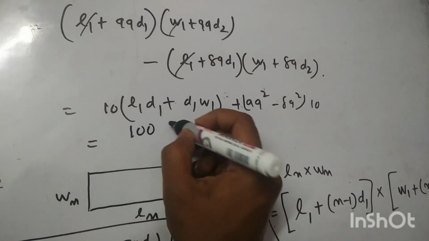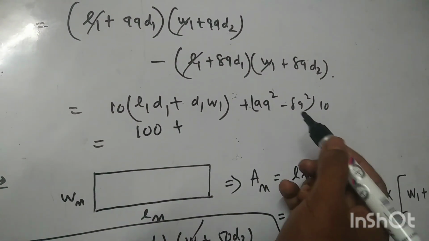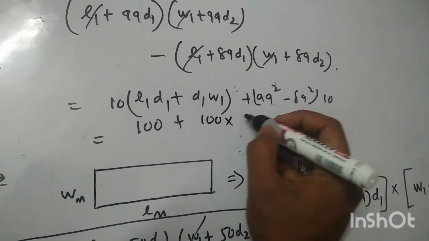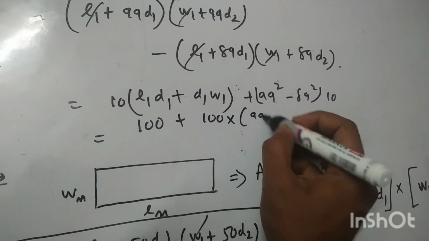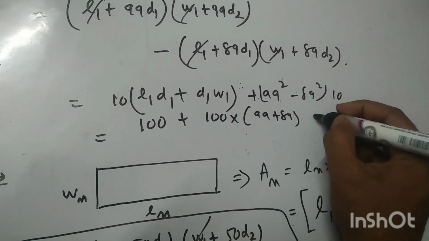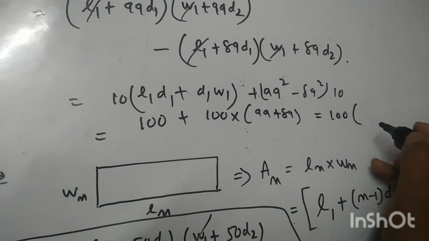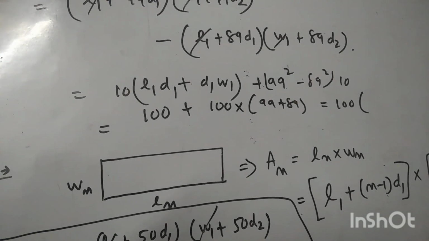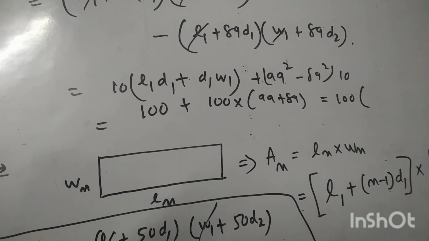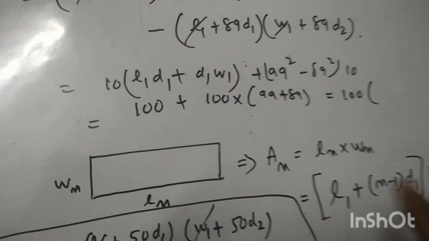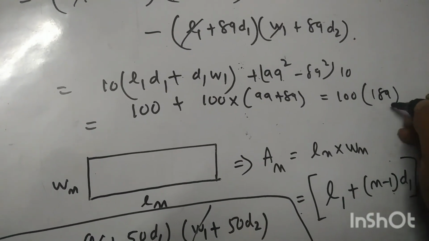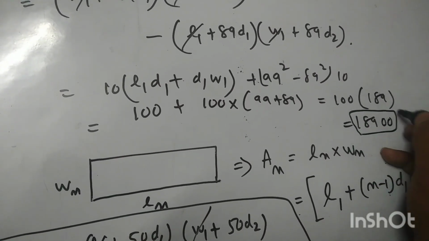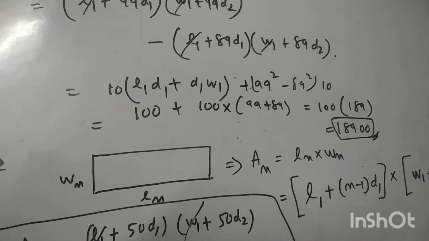So we get 100 plus 10 into 10, 100 into 99 plus 89, right? So we take the 100 common. So 1 plus this thing, that is 189. So the value is 18900. Simple. Okay, I hope you got this problem easily.